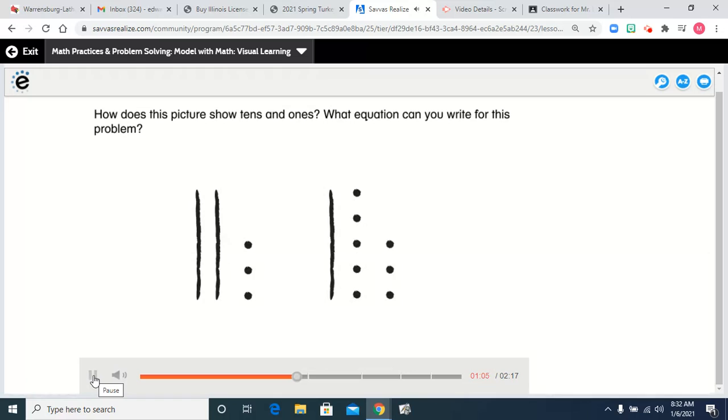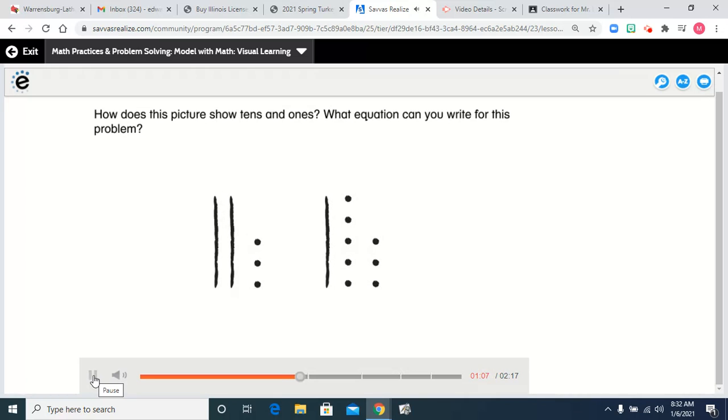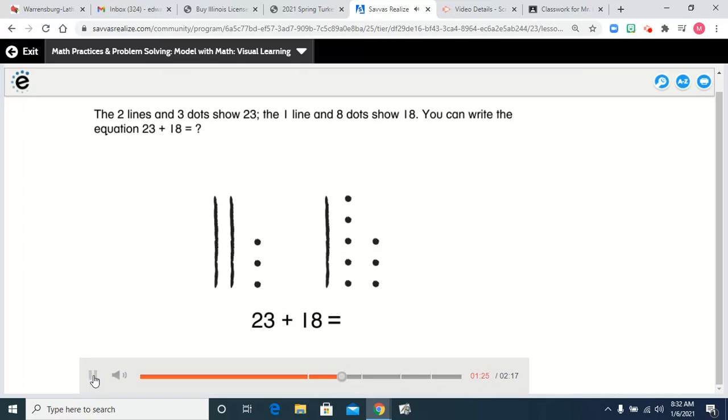How does this picture show tens and ones? What equation can you write for this problem? The 2 lines and 3 dots show 23. The 1 line and 8 dots show 18. You can write the equation 23 plus 18 equals.